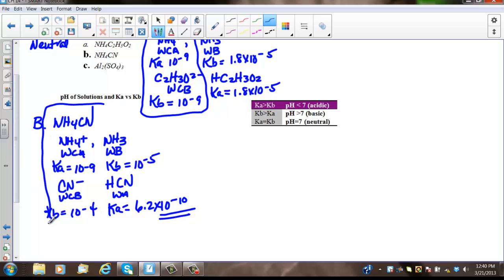So when comparing the Kb and the Ka, 10 to the minus 9 to 10 to the minus 4, we can see that the Kb is greater than the Ka, so therefore this solution would be basic and would have a pH greater than 7. So B is basic.